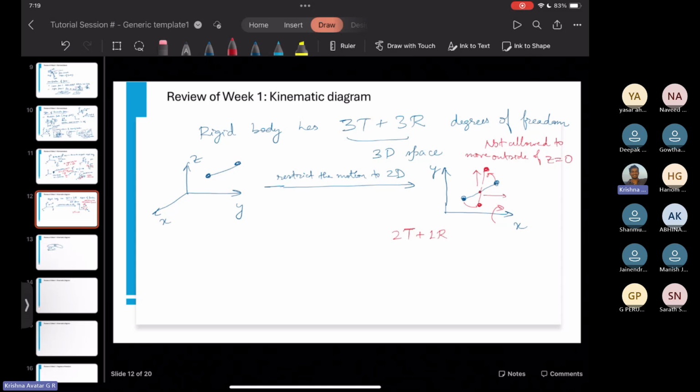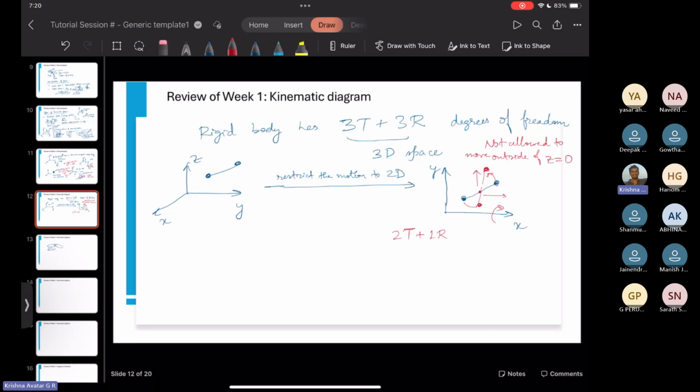Even for y, if we were to rotate these two points about the y-axis, following the right hand rule, this point would go inside, which means it would have negative z, and this would come outside, which means it would have a positive z. Again, it violates the z equals 0 condition, so that's also not possible.